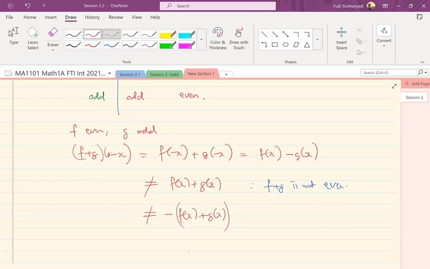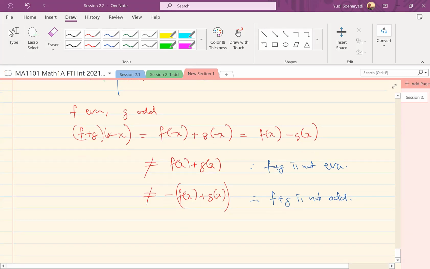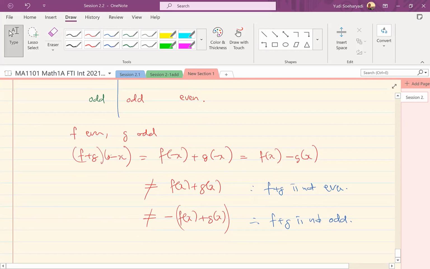So the conclusion from here is that it is not odd. Okay. So you cannot mix them with addition or subtraction.